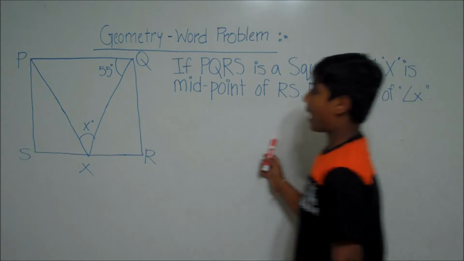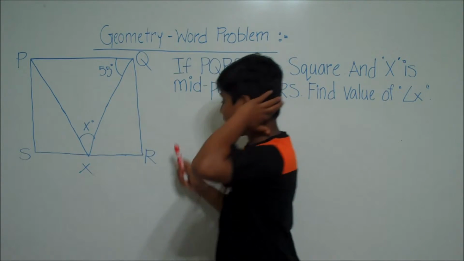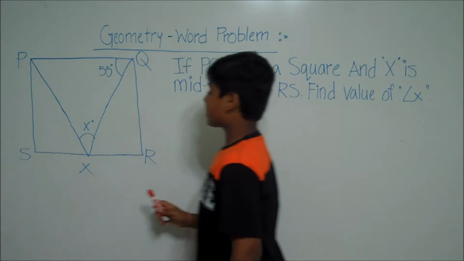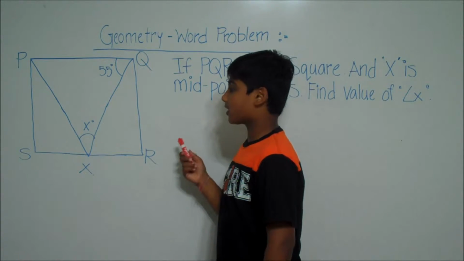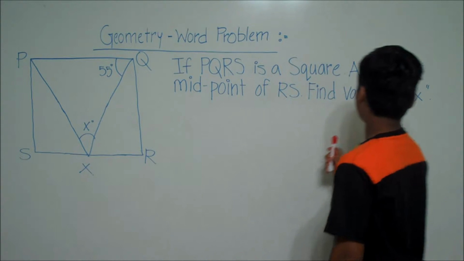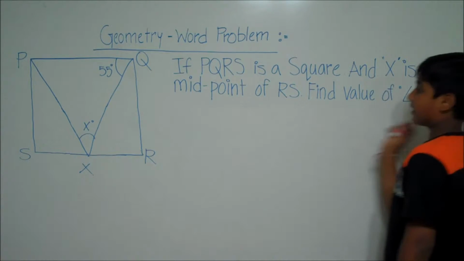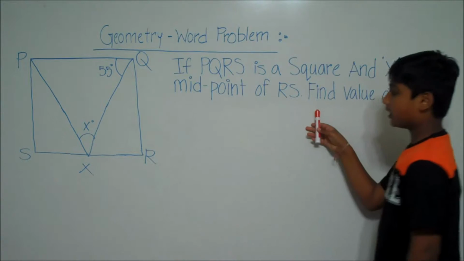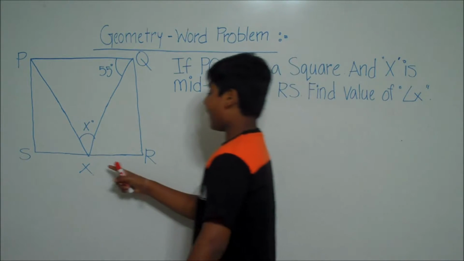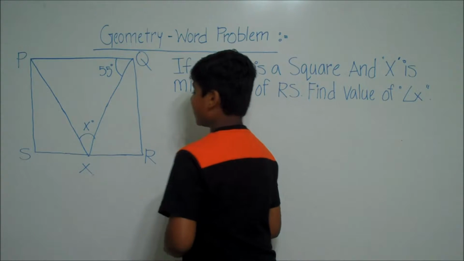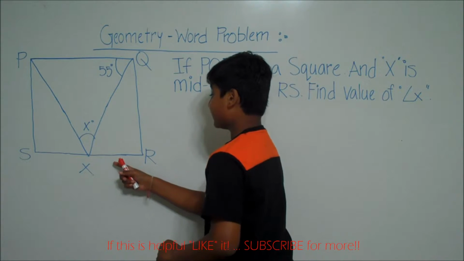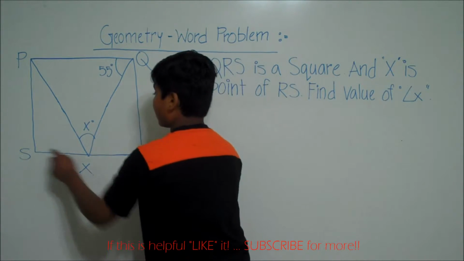Now it says in the problem that PQRS is a square. So that means that this square has all four sides which are the same. And it also says that X is the midpoint of RS, which means that X is in the exact middle of RS.